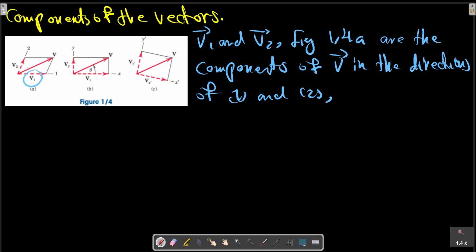These two vectors are the components of the vector v.